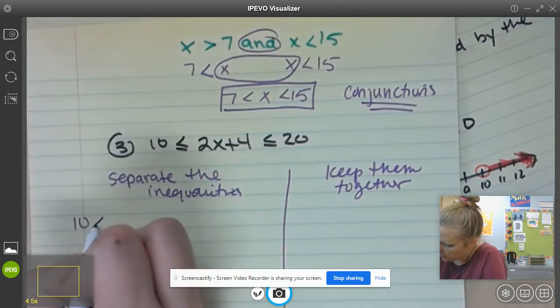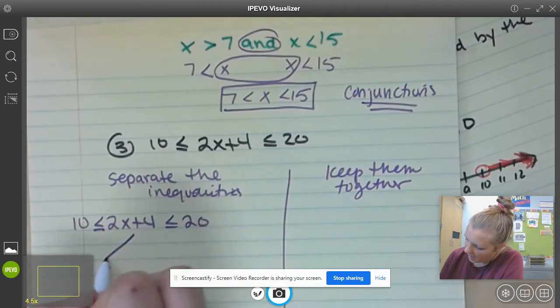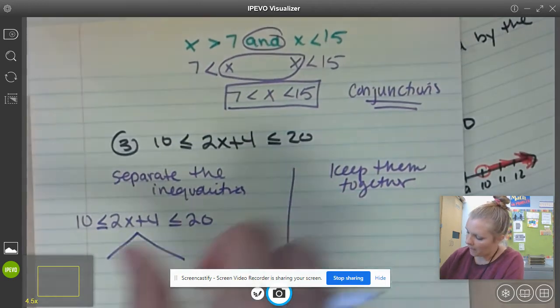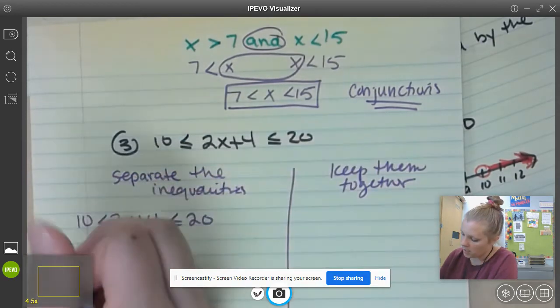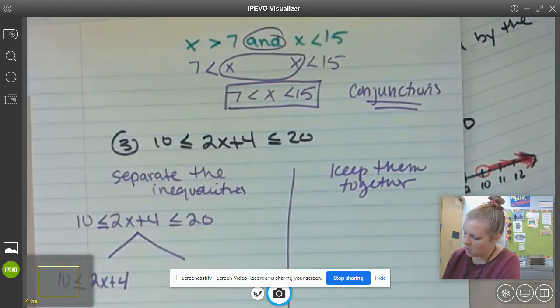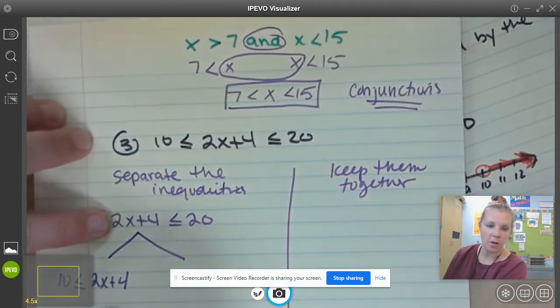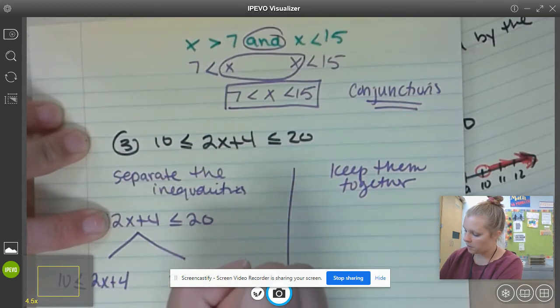So if I have the original inequality, I can separate them out. And I can cover up this part and just copy down this part of the inequality. 10 is less than or equal to 2x plus 4. And then the other one, we cover up the other inequality and everything else, and I copy down what's left. 2x plus 4 is less than 20.